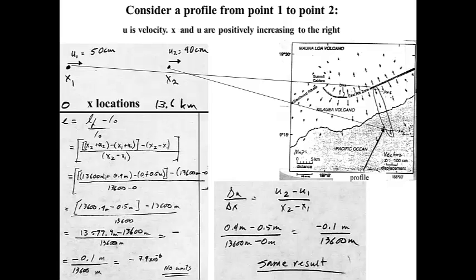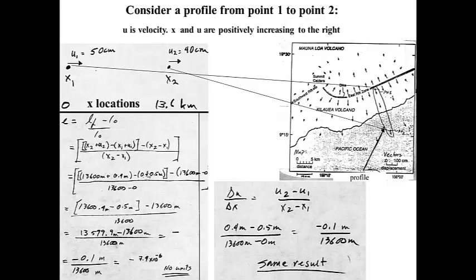And so what I did for convenience is I said, well, x1 is at 0, so x2 is at 13.6 kilometers or 13,600 meters. So x2 plus u2 is 13,600 plus 0.4 meters. And then x1 is at 0, but it moves 0.5 meters.